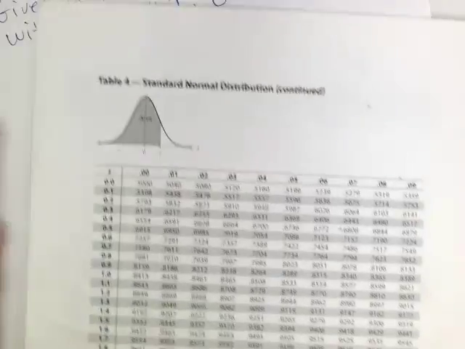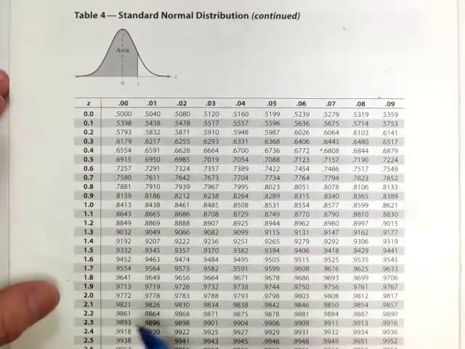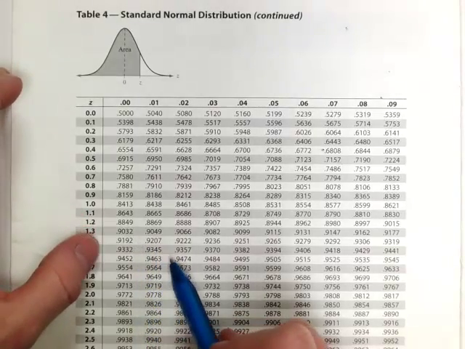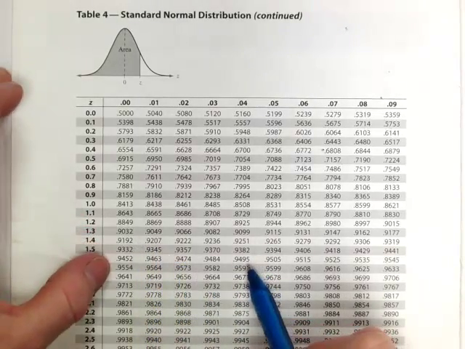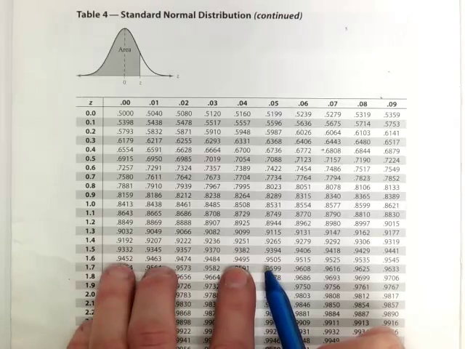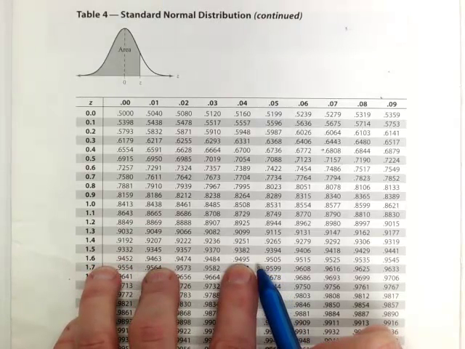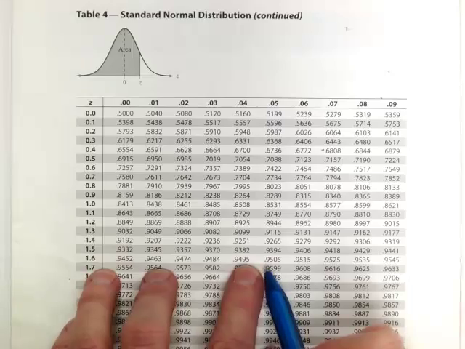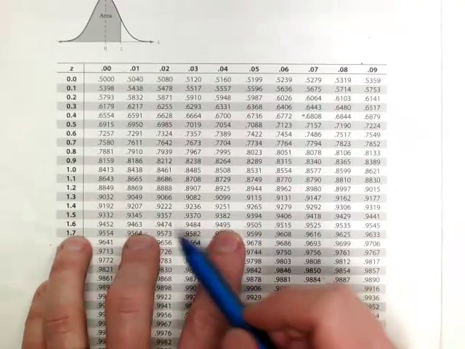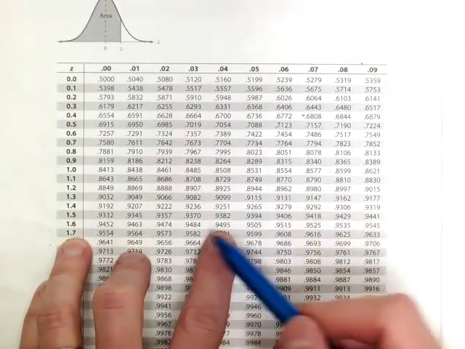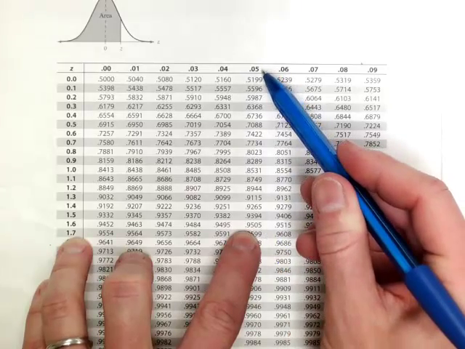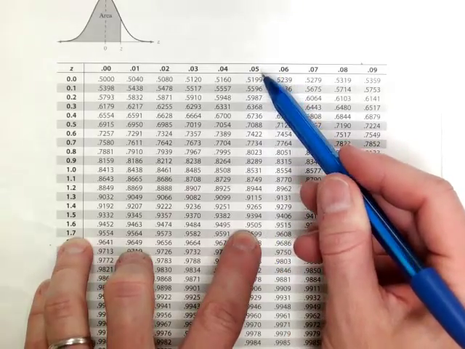So looking in the body of the table, I know my z-score is positive, so I'm looking at that second page. So 0.95. It looks like it's about halfway between 1.64 and 1.65.